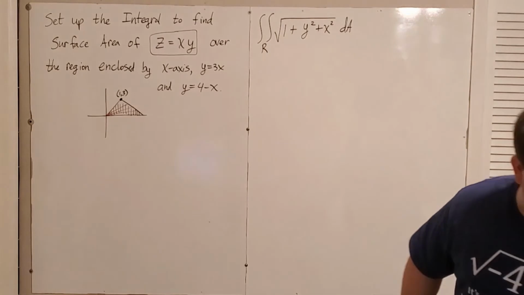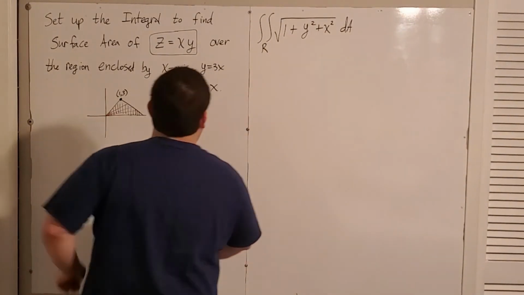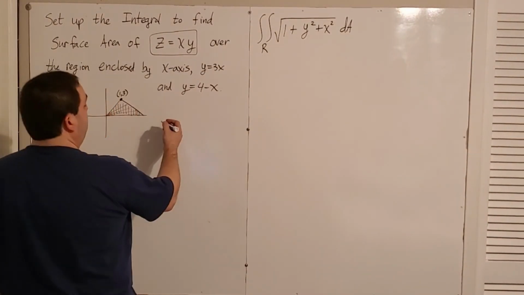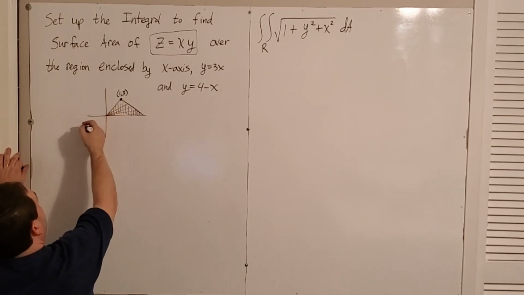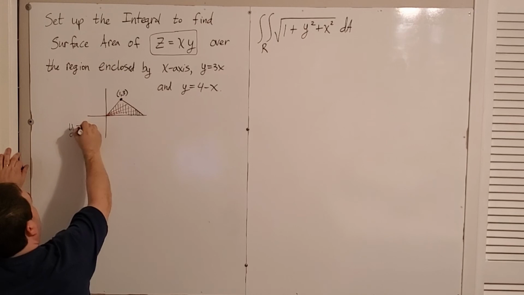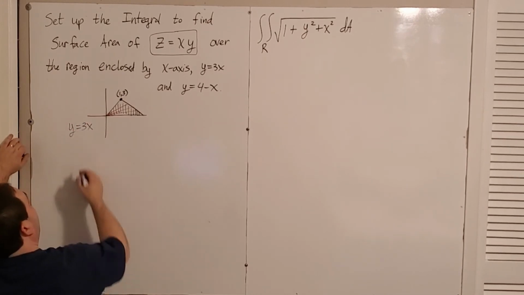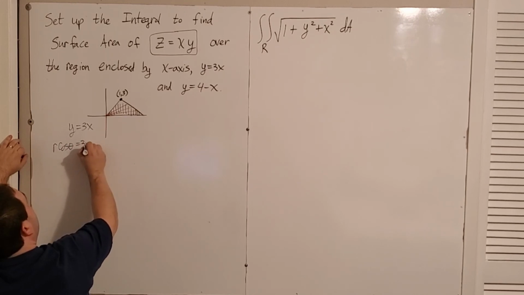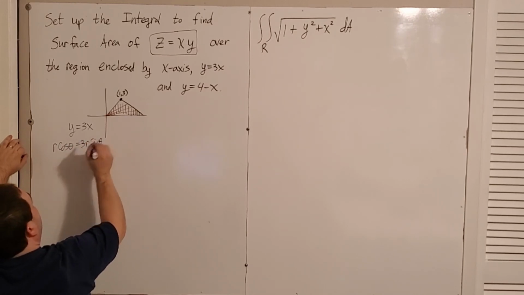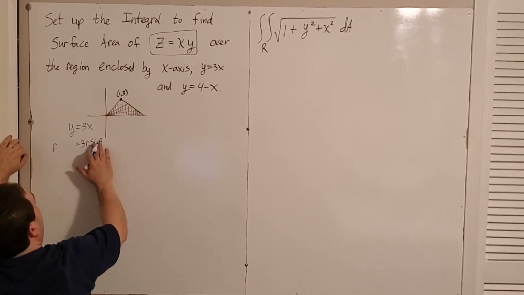Let's put these two line equations in polar form. The y equals 3x, this line over here, if I put that into polar, that's r sine theta equals 3r cosine theta. Whoops, backwards, guys, I hope you caught me.